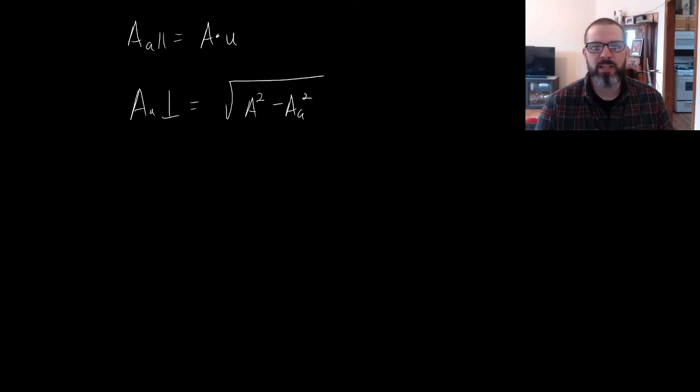And all this is doing is saying A squared plus B squared equals C squared. This A is the magnitude of the vector minus A sub A squared. So that is the magnitude we found parallel to the line. If we subtract that from the vector and take the square root, that will give us everything that's left, which is the perpendicular component.